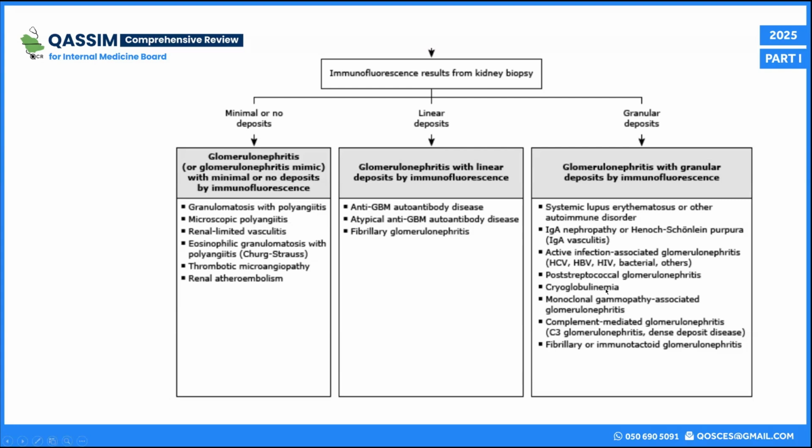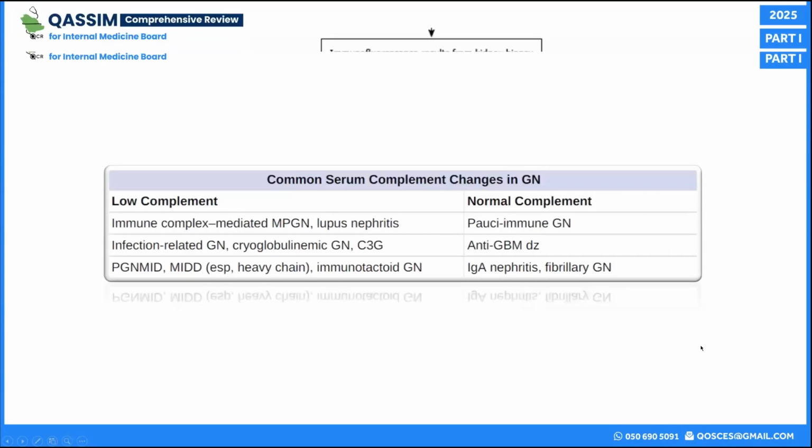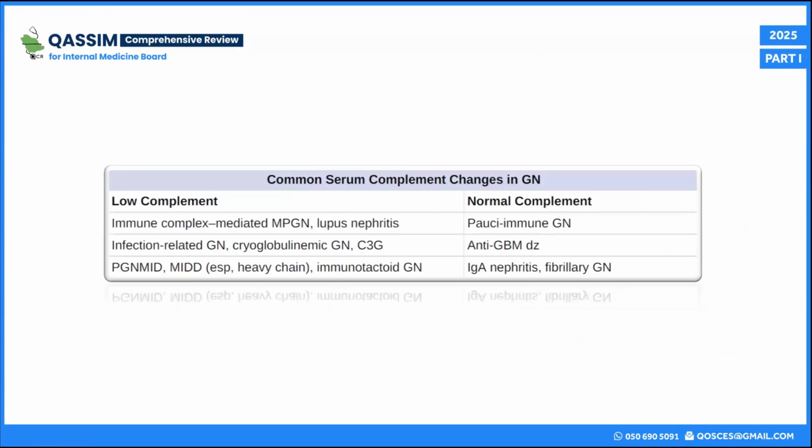If the patient has a granular deposition with immunofluorescence, we think of SLE, IgA, and post-streptococcal nephritis. Also, the complement level will help us make a differential diagnosis of nephritic syndrome. For example, in IgA nephropathy the complement will be normal, while in post-streptococcal it will be low.